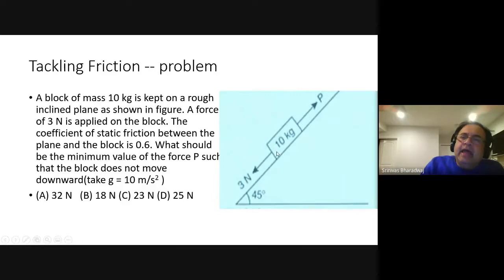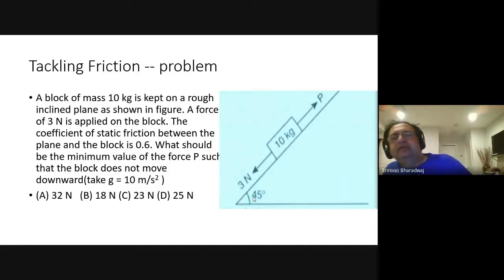Now 3 newton plus mg sin 45, which is the component of the gravitational force along the plane, equals P plus mu N. Mu N is what?